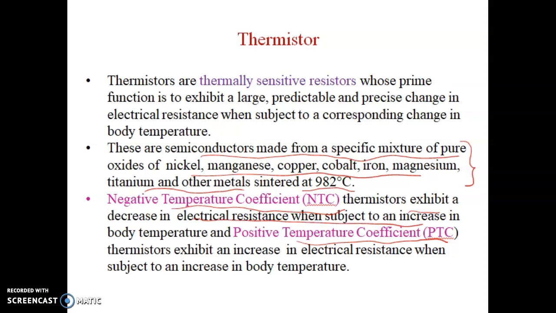That is, with respect to temperature, the resistance decreases. In PTC, there is an increase in electrical resistance with the increase in body temperature. But among these two, NTC are widely used.